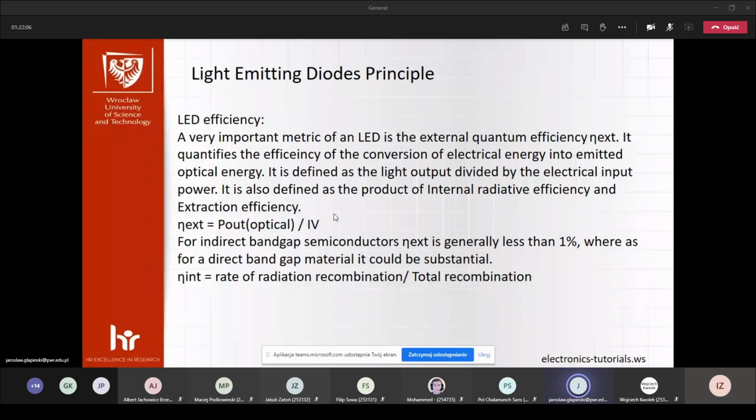So we've got the index of efficiency. This is connected with the optical energy versus the energy we put into the element, which is the current multiplied by the voltage, the difference in volts, on these elements.